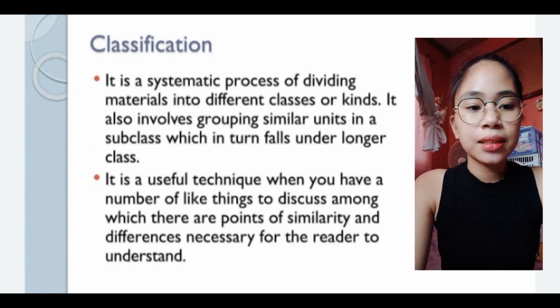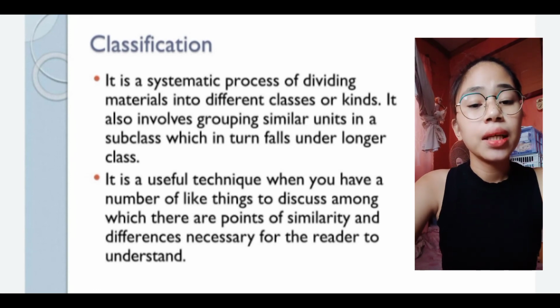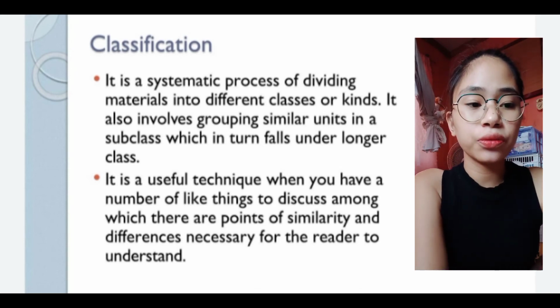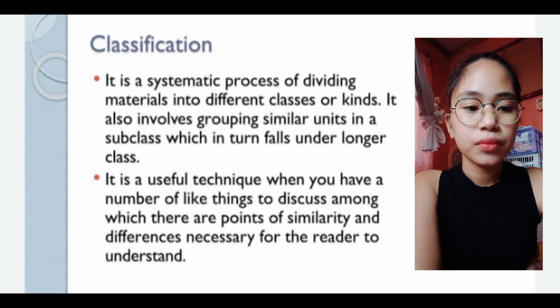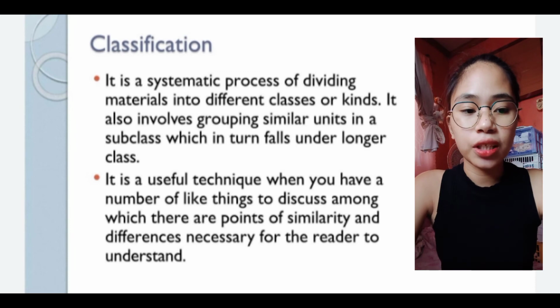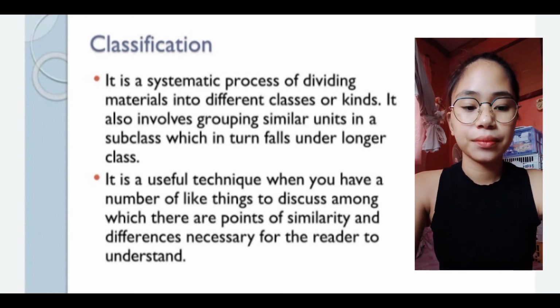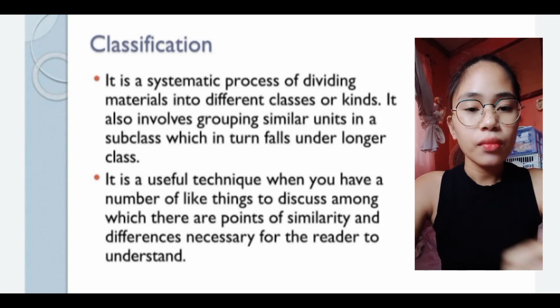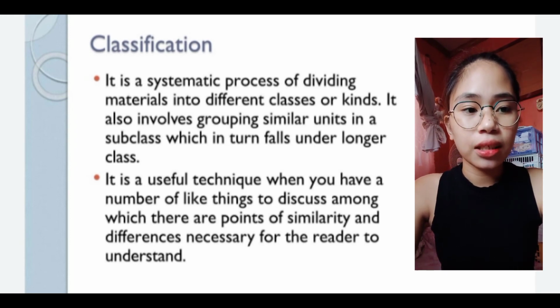Classification is a systematic process of dividing materials into different classes or kinds. It also involves grouping similar units in a subclass which in turn falls under a larger class. It is a useful technique when you have a number of like things to discuss among which there are points of similarity and differences necessary for the reader to understand. So, in short, in a classification piece, you write about the characteristics of multiple subjects within one category.